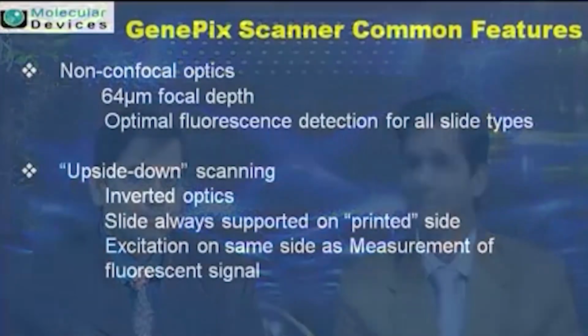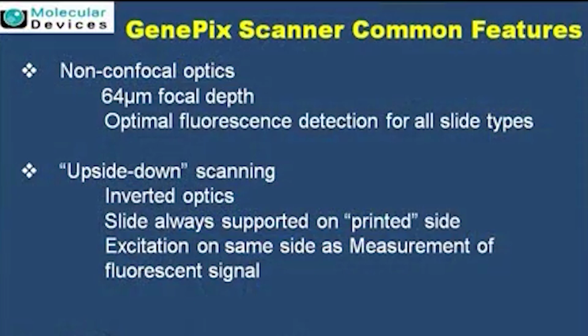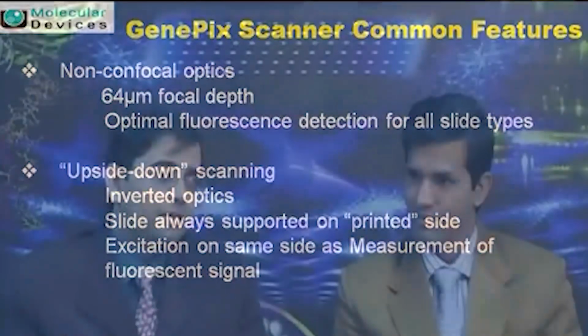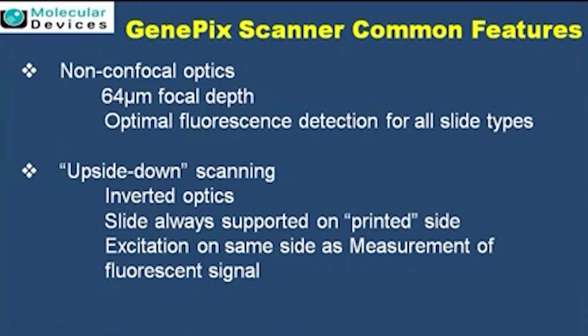So maybe you can briefly go over some of the very common features of this scanner, because only then can we learn more when we talk about the software interface. Sure. The basic concepts in the form of hardware design: the basic one is non-confocal optics, and another one is the focal depth.